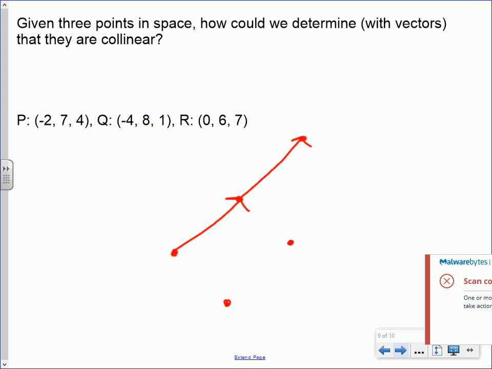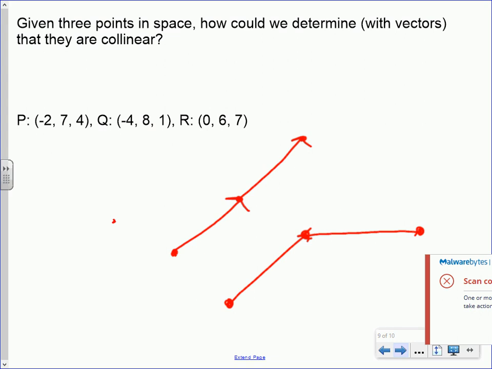If we create vectors out of 3 points and they are not parallel, oh, that was not good. So here are our 3 points. If we create 2 vectors and they're not parallel, they're not going to be on the same line. Okay. Are you convinced that that's going to be enough?